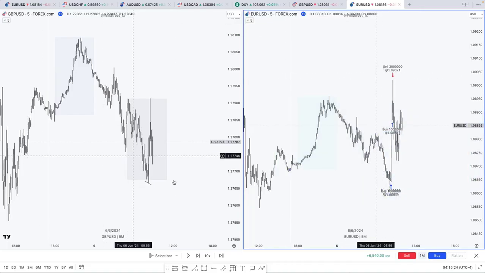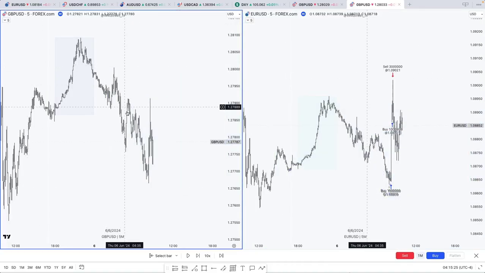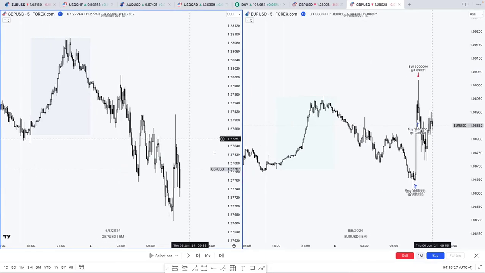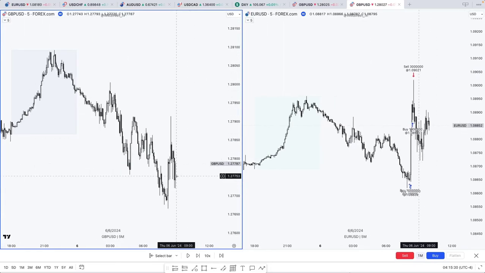Next example. I think it's getting clear, but if you have some doubt, just let me know in Discord or something. Okay, the next day will be 12th of June.